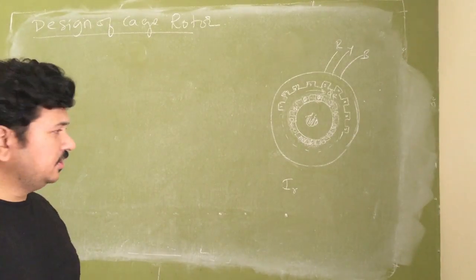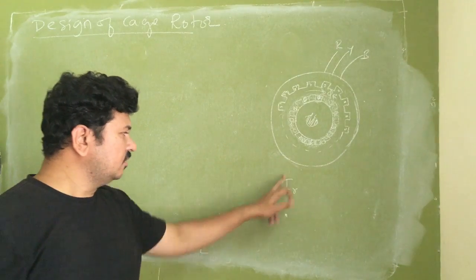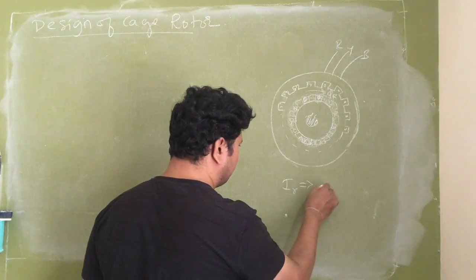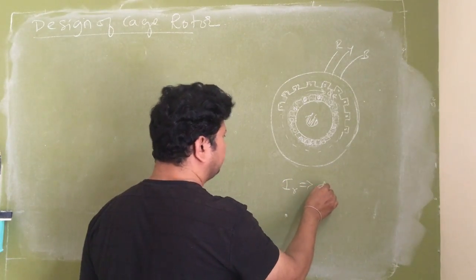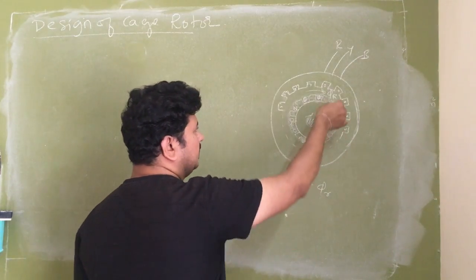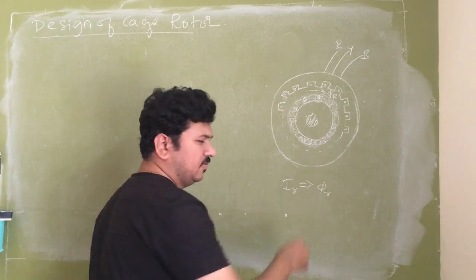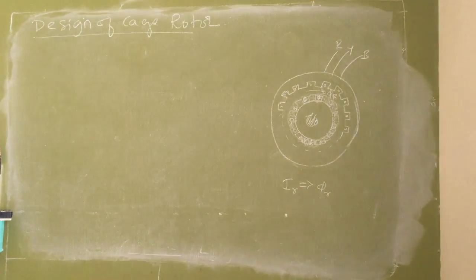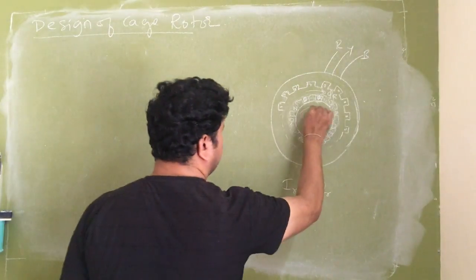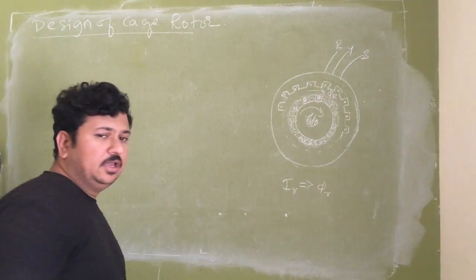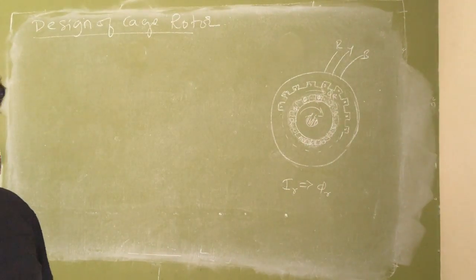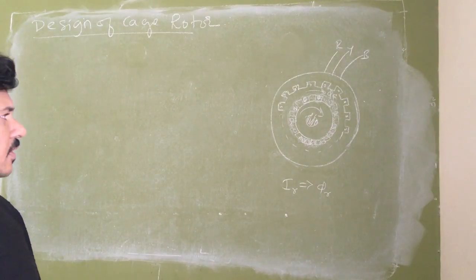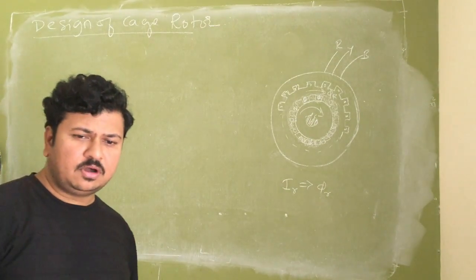Now this rotor current will create its own flux phi r. This resultant flux and the rotor flux will interact with each other, and the rotor starts rotating in the direction of the rotating magnetic field, because as per Lenz's law it has to oppose its own cause.